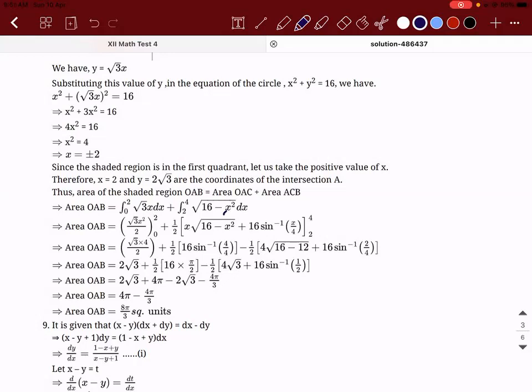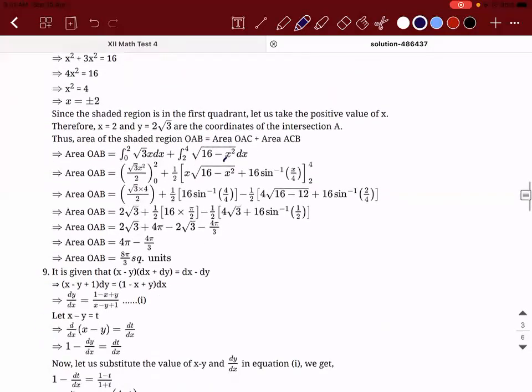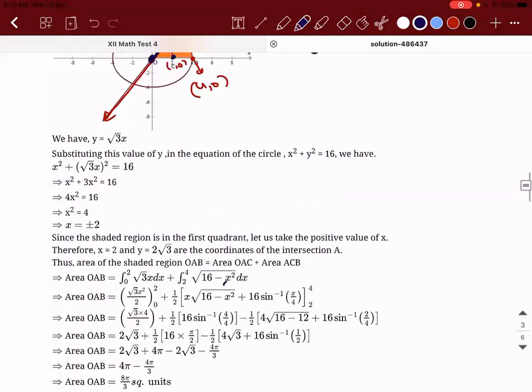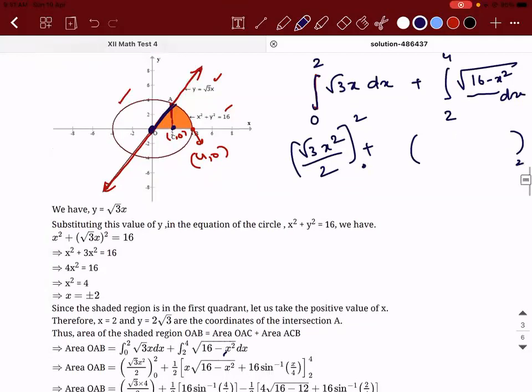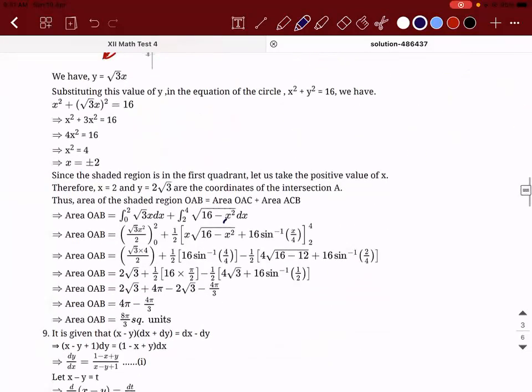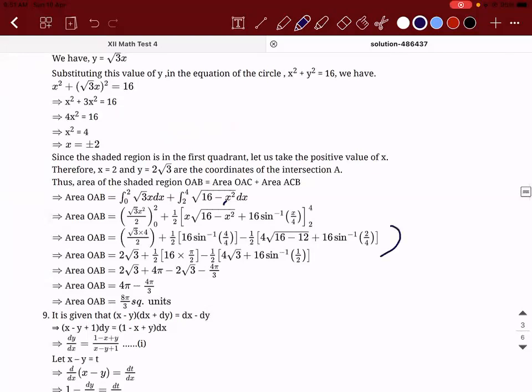Using that formula, and applying the limits between 2 to 4, when you do all these things, you will get the final answer as 8 pi by 3 square inch.